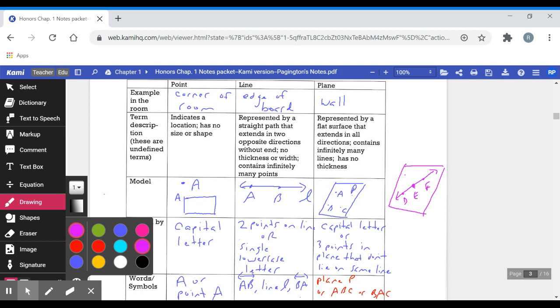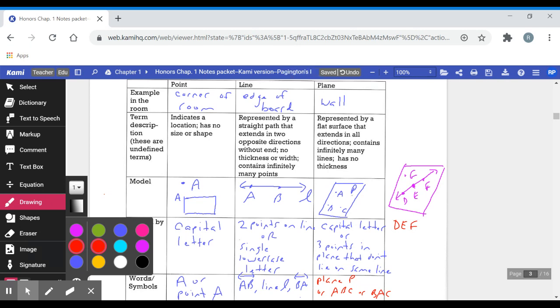And say I had another point over here, I'm going to call that one G. So what I would like you to do now is think of, based on the definition I gave of a plane, what would be 3 letters that would not be a way to name this plane. So if you think about that and write that down, that option would be DEF, would not work as an example.